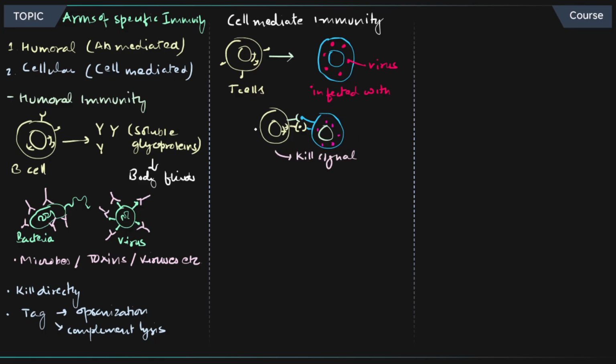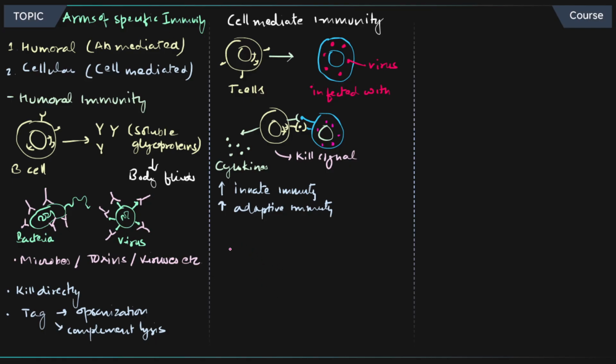So we have to take a call and kill our own cell. Cytokines are going to get released. Innate immunity, the non-specific one, is going to go up. Adaptive is going to go up, and it will try to kill that host cell and also protect our other cells, right?